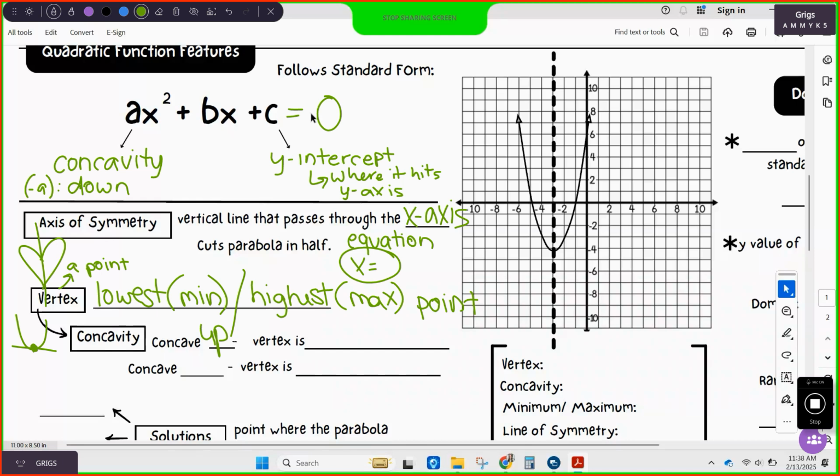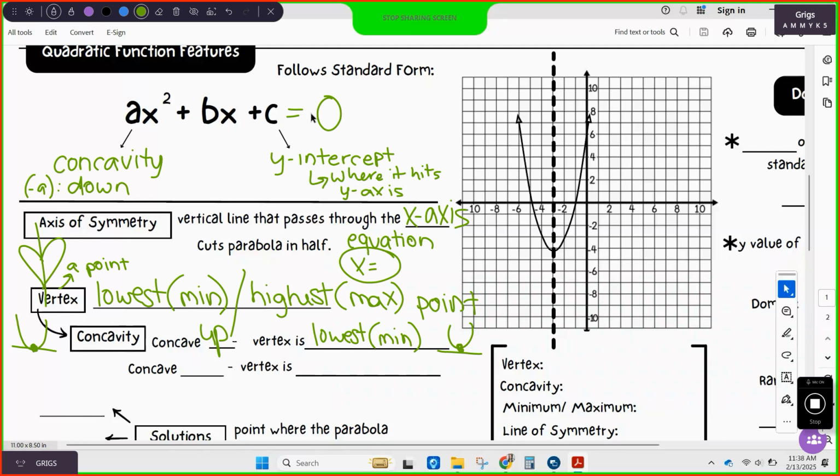Lowest. So draw that picture. Vertex is the lowest, or minimum. The vertex is the very bottom piece of your parabola.